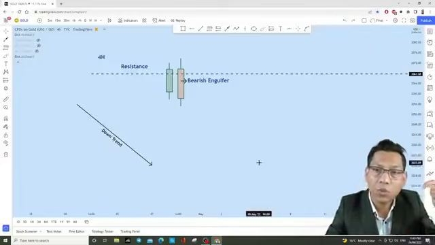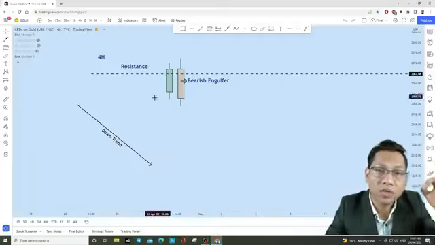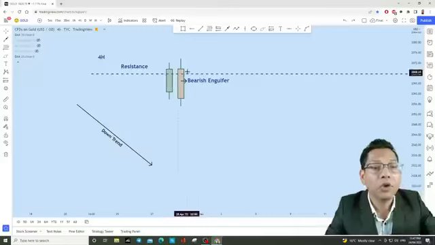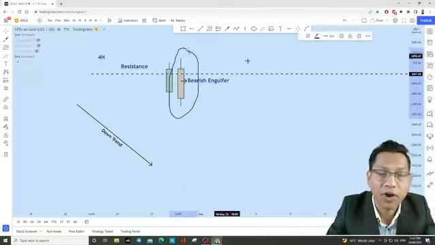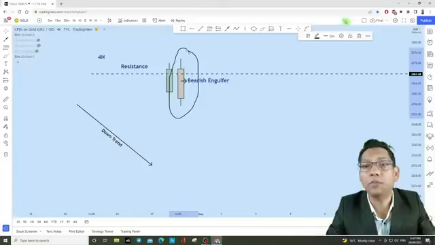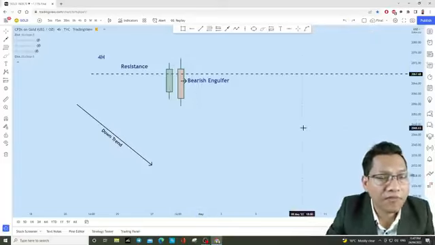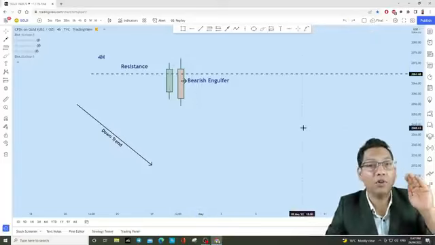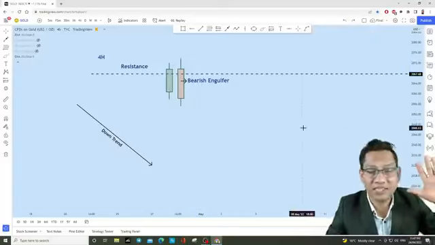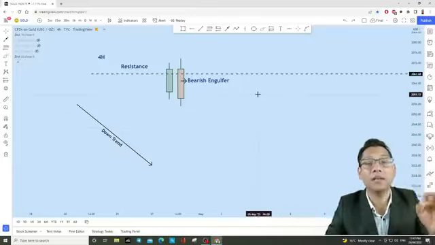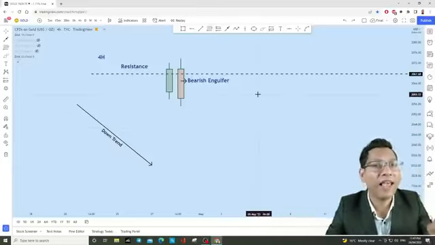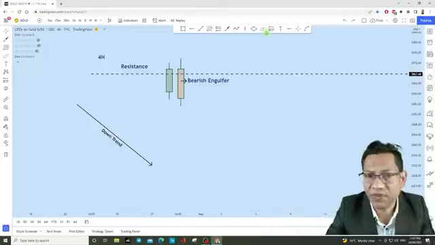Once we find the direction of the trend, we will be waiting for a bearish engulfer to be formed on the 4 hour time frame at a level of resistance. Now the resistance doesn't have to be a key level, just a simple resistance, but this bearish engulfer has to be in a specific way.